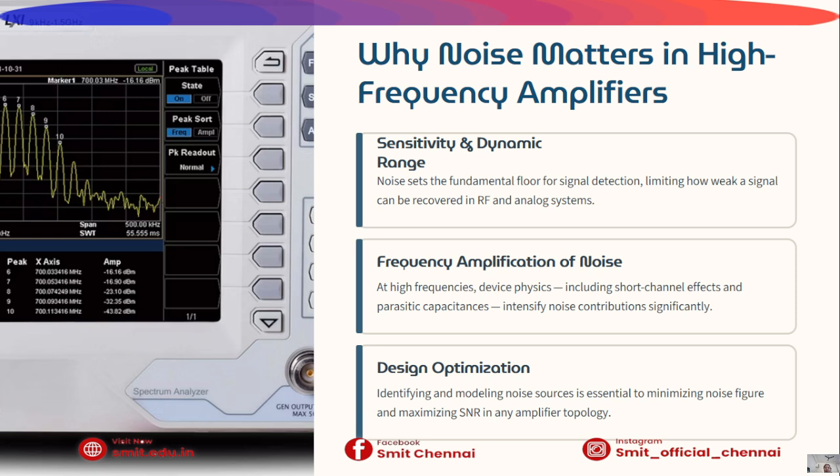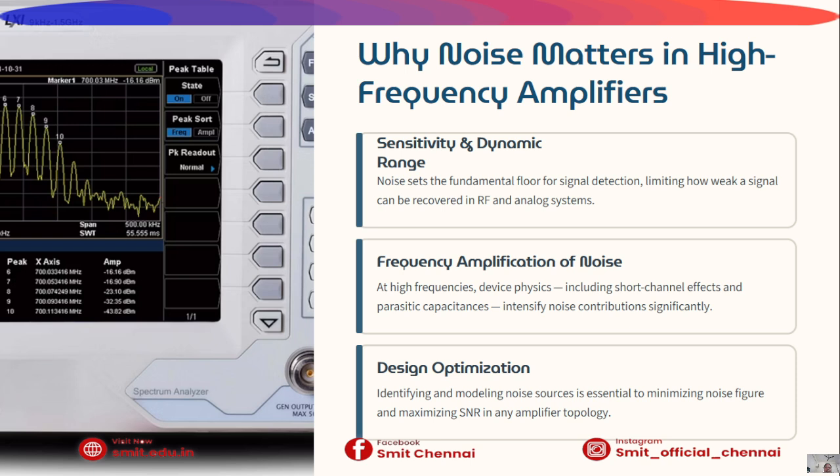Why noise matters in high frequency amplifiers? Noise is an unavoidable phenomenon in electronic circuits. It determines the minimum signal level that an amplifier can detect. In communication systems, radar systems and wireless receivers, weak signals must be amplified without significantly increasing noise.